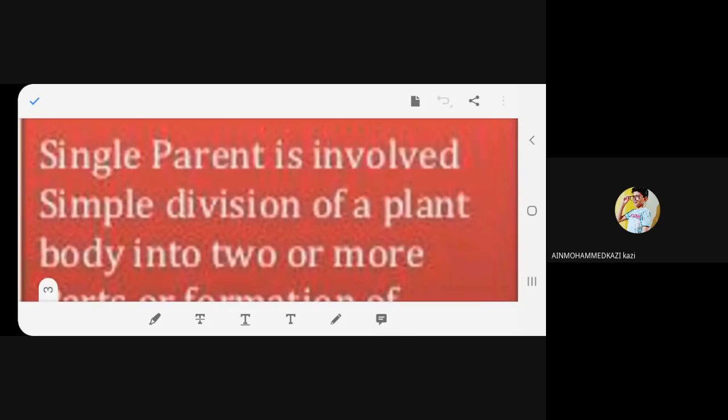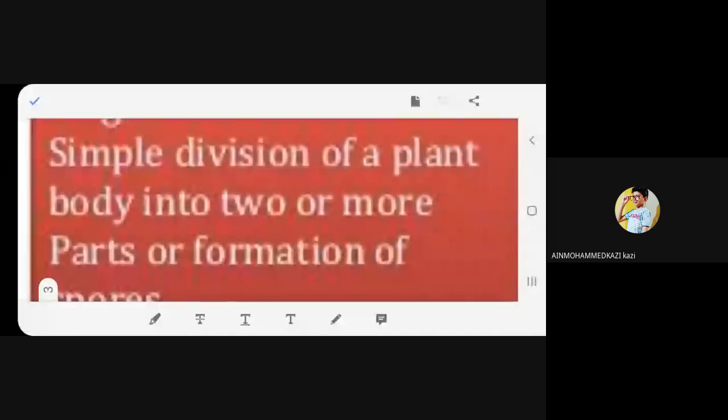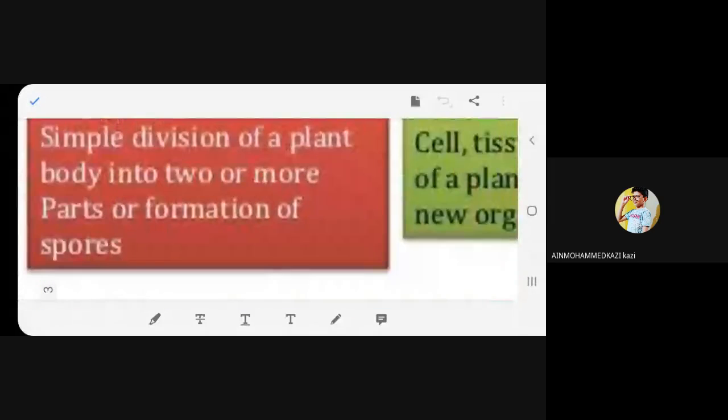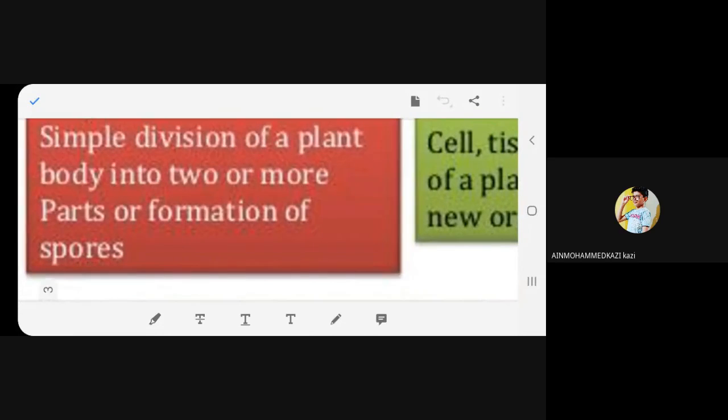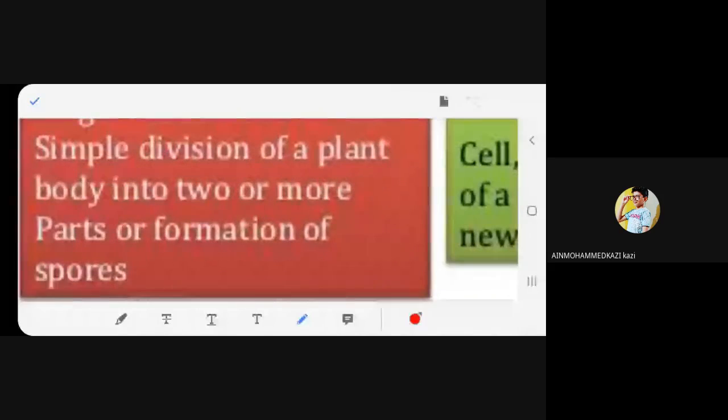Single parent is involved, simple division of a plant body into two or more parts, or formation of spores. Okay. So what happens if this is a plant body, it divides. When it divides, it becomes two bodies. Further it divides, again it becomes four bodies. This is how the body divides.